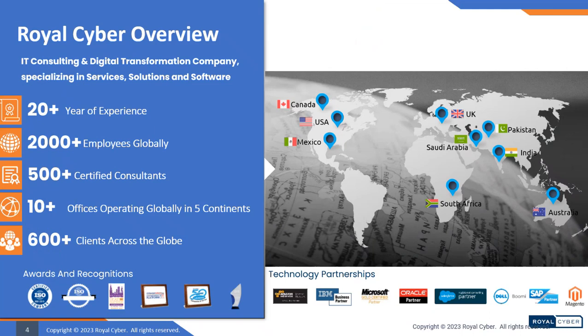Royal Cyber is a fast-growing IT consulting and digital transformation company specializing in IT services and solutions. We have more than 2 decades of experience, almost 2000 plus consultants across the globe, and we are headquartered in Naperville, Illinois, USA. We have a global presence: USA, Canada, UK, Australia, New Zealand, Middle East, and multiple offshore development centers in India.